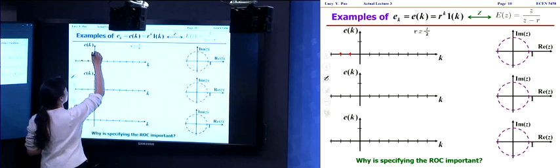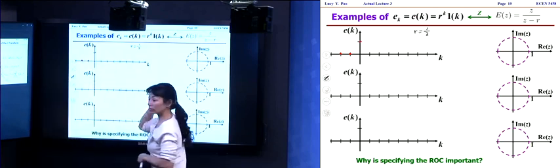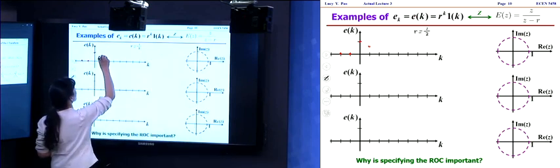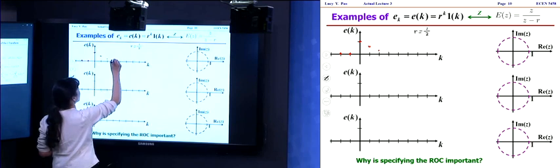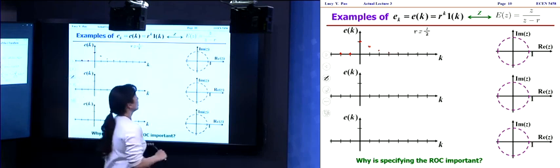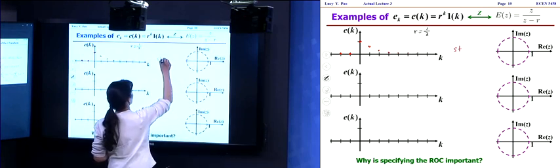It's going to be equal to 1 at k equal to 0, because R to the 0 for any R is equal to 1. And then it'll be one half, a quarter, one eighth. You can see it will converge. This is what you might call a stable sequence.